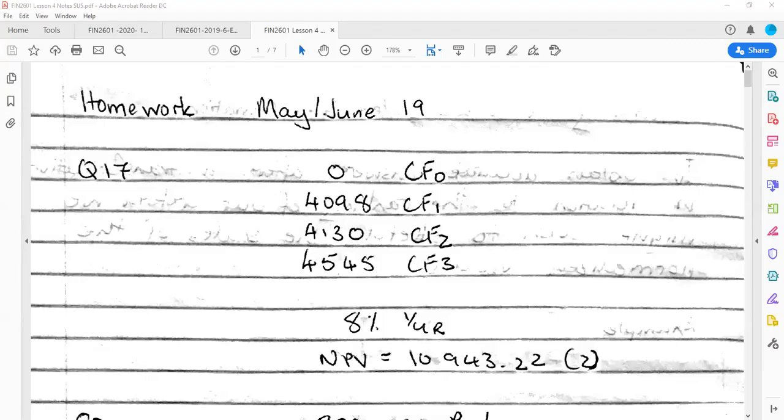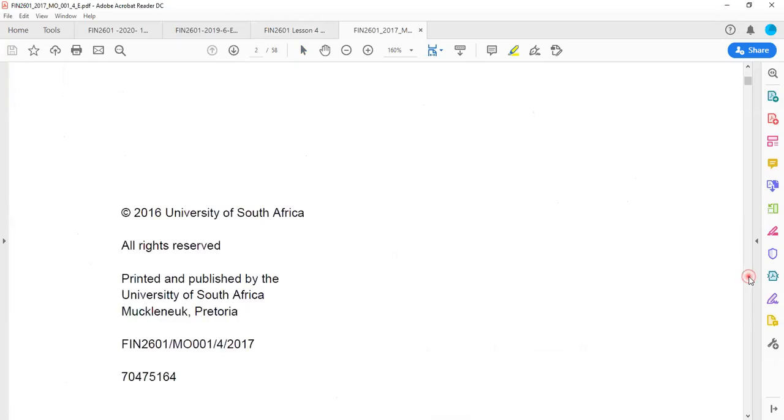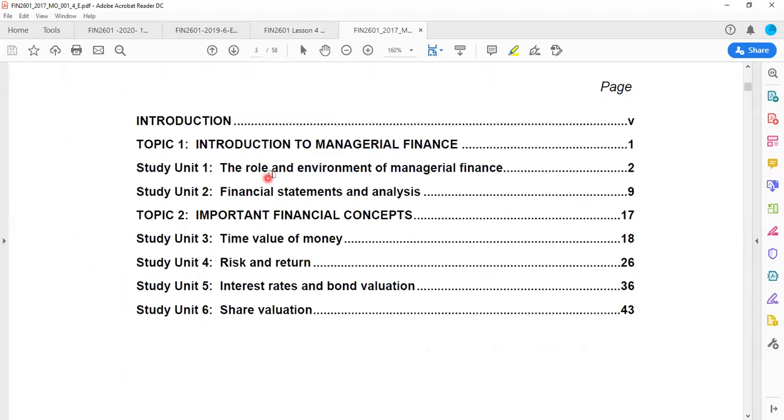In the previous class, there's some homework that I asked you to look at on the module FIN2601. As you might remember, to date we've been going through the module and looking at the study units, and we have covered the following: study unit 1, the role and environment of managerial finance, just a brief intro.